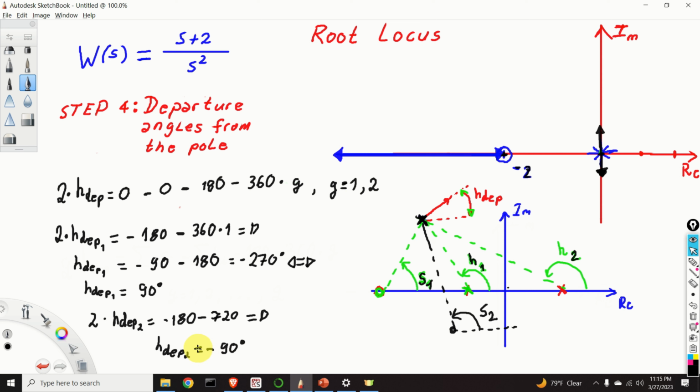Again, I made a few equivalent statements over here, since this expression is obviously minus 90 minus 360, however, that's equivalent to minus 90 degrees. And here's the second angle.